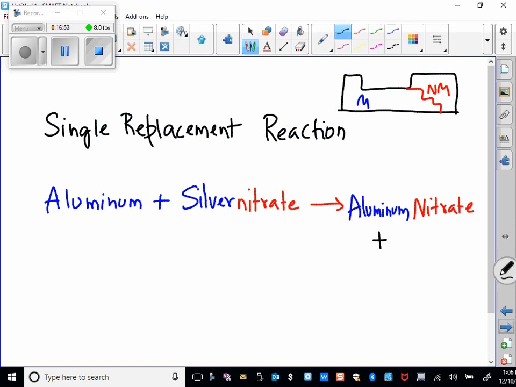Now, please understand this. Can you ever put aluminum and silver together and separate out the nitrate? Can you put two metals together or two non-metals together? You can never do that.